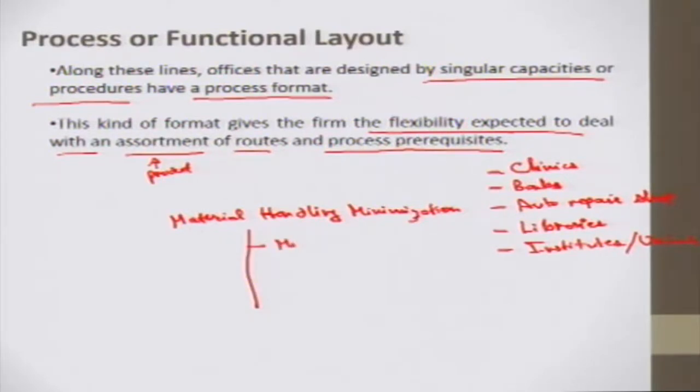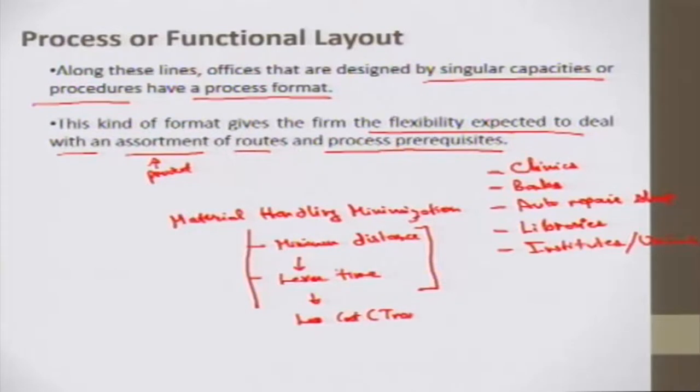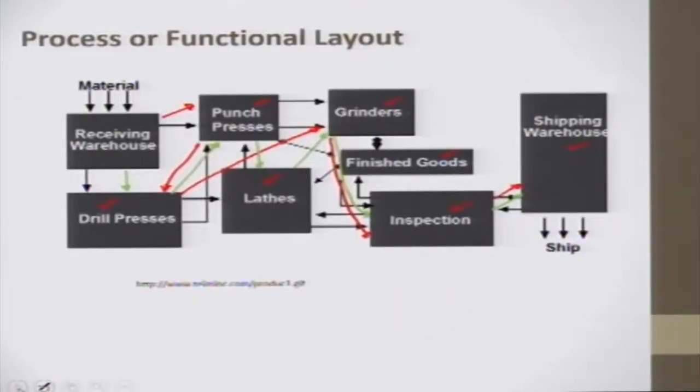To have minimum distance between the frequent moving, and this obviously leads to lesser time. So in this case, because the distance is minimum, the time is less, the transportation cost would be less, specifically transportation. Or process or functional layout.